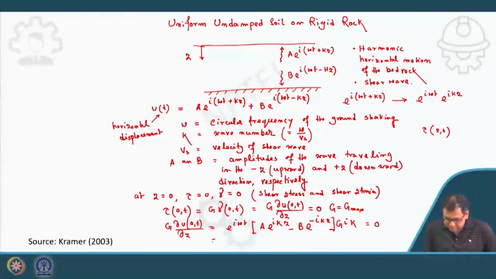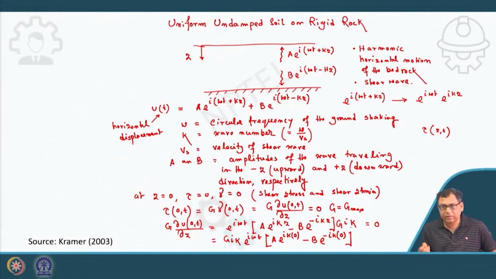If I take G i k e to the power i omega t outside, then this is A e to the power i k z minus B e to the power minus i k z equal to 0 here, because it is the surface, z equal to 0. Now z equal to 0 means e to the power 0, which is equal to 1.